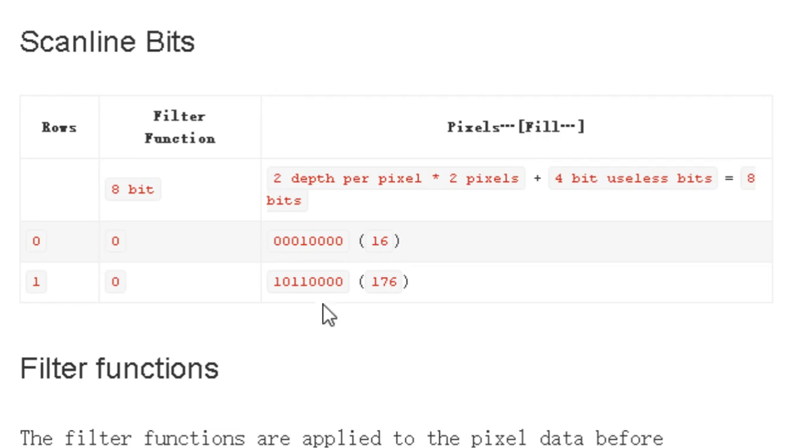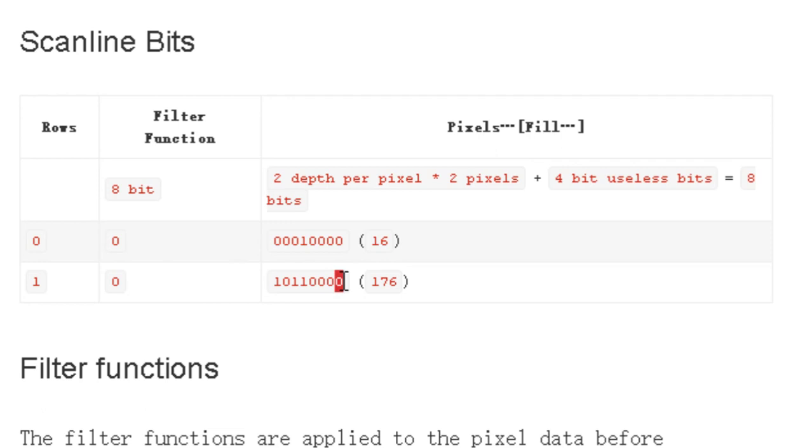We can make a quick check here. So this is 1, this is 2, 4, 8, and 16. So yes, that is 16 in binary. The last record, rows, is 1, so this is 0 indexed. The filter function is 0, and then we have another binary string, which is 176 in decimal, and we can also do a check there.